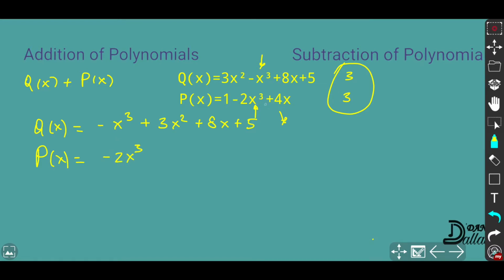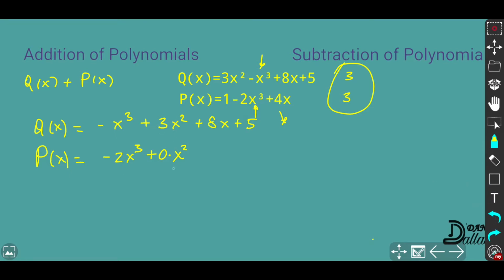So I will arrange in the same decreasing order of powers. The problem is with the quadratic term, so it doesn't have a quadratic term, but as you remember from the previous video, we can use 0 coefficient before the x squared term, so that's why we align a term under the term. As you can see, it was a cubic one, so that's going to be the same cubic term.